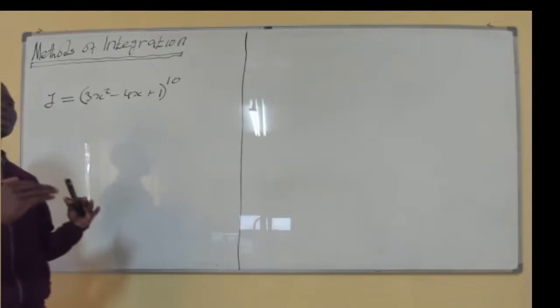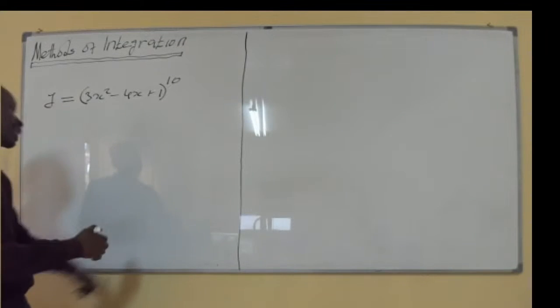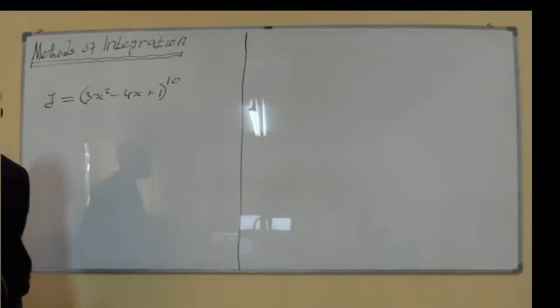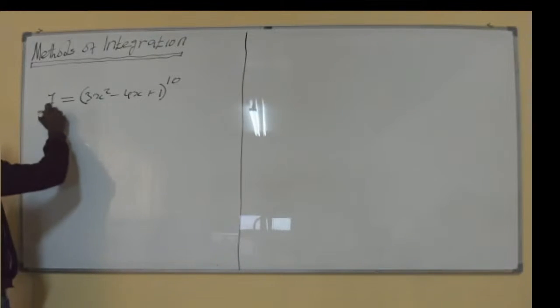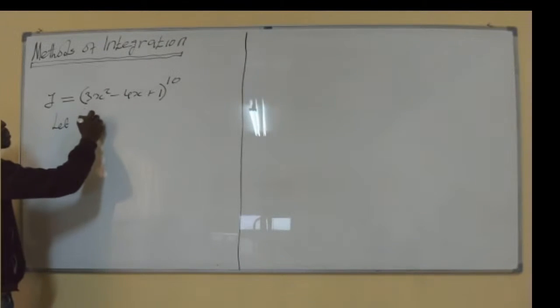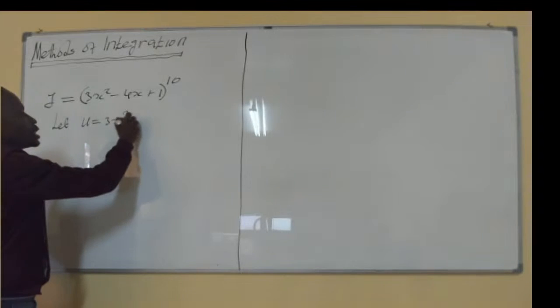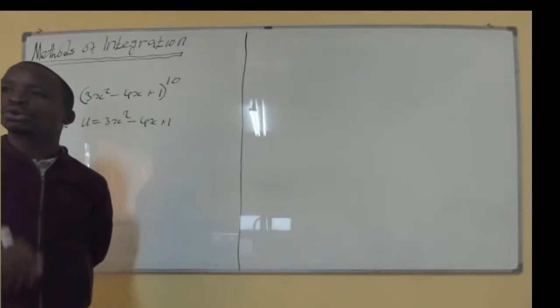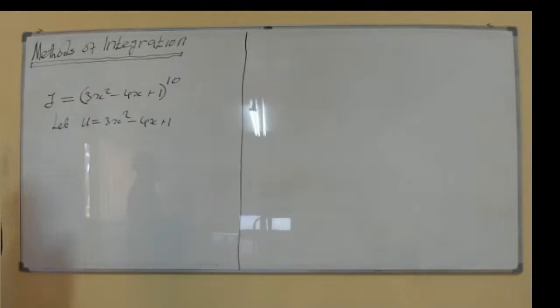Instead, we use the chain rule, where we say let u be equal to 3x squared minus 4x plus 1. So this is a kind of substitution method under differentiation.